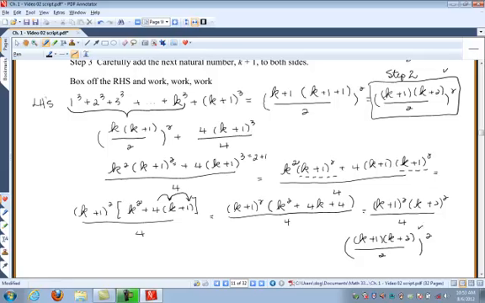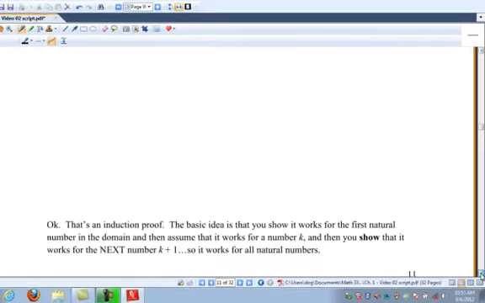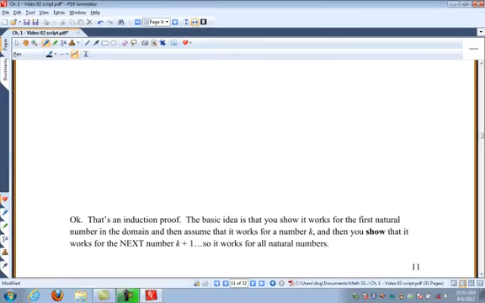I have proved that the left-hand side of the next term in the sequence equals what you would get if you put in k plus 1 on the right. So that's an induction proof. So see, there's some real algebra in it. Let's look down here. See, this is an induction proof. So let's review.